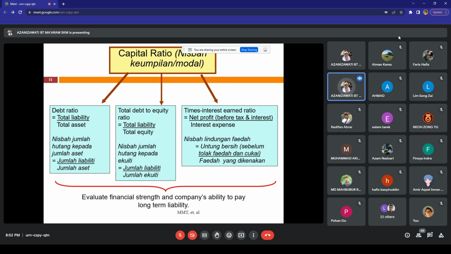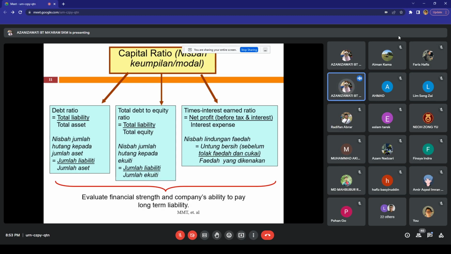And this is the capital ratio. So the capital ratio is to evaluate financial strength and the company's ability to pay long-term liability. Therefore, your capital ratio is based on the debt ratio. So debt ratio is total liability, your hutang, divided by total asset.